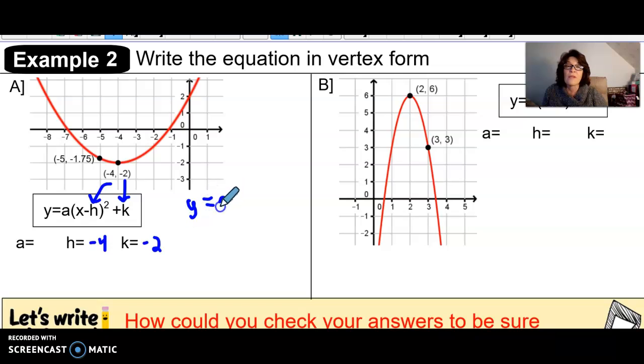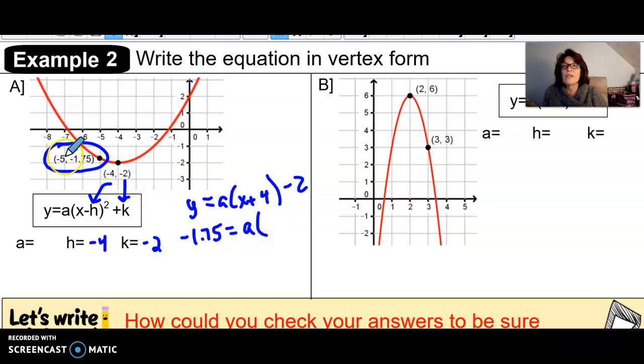I know it's y equals a times (x minus -4), so that's x plus 4, squared, plus -2. I know my h and k, so I can write this equation. Then I'm going to use the other point they give me: x is -5 when y is -1.75. So I'm going to put -1.75 in for y and -5 in for x.